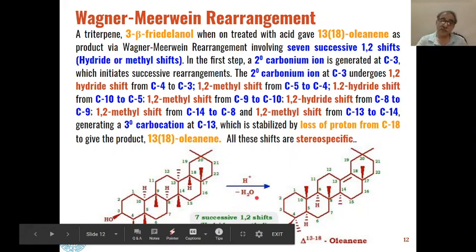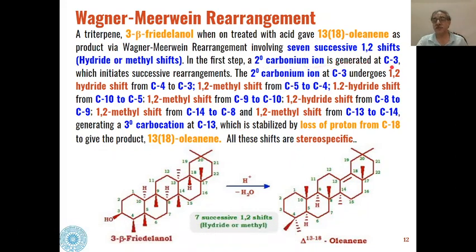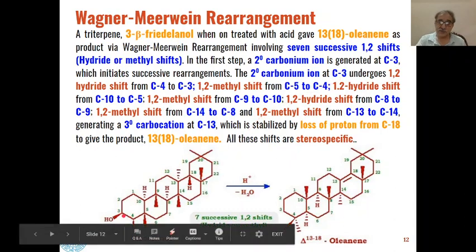At carbon 3, a secondary carbonium ion is generated, and this formation of a secondary carbonium ion will initiate the successive rearrangements. Then one hydride from here will be shifted to this place.